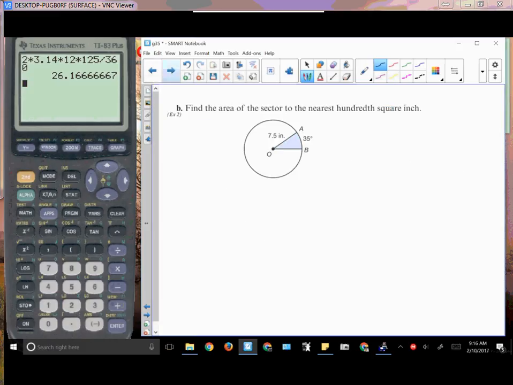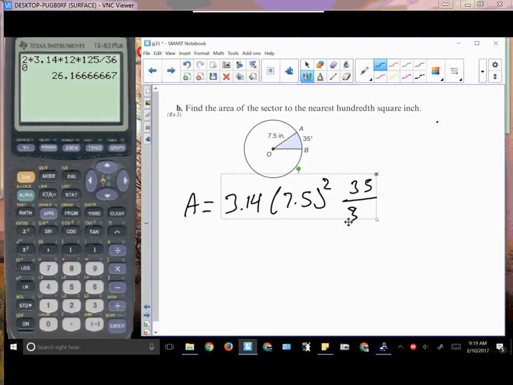Give you time to do this one. All right, here we go. Area. Pi, 3.14. Radius, 7.5 squared. 35 over 360.